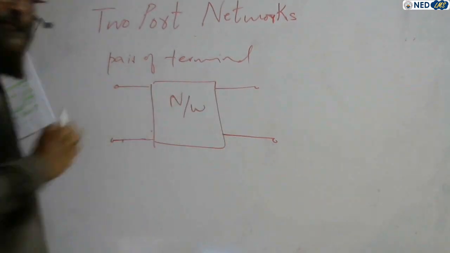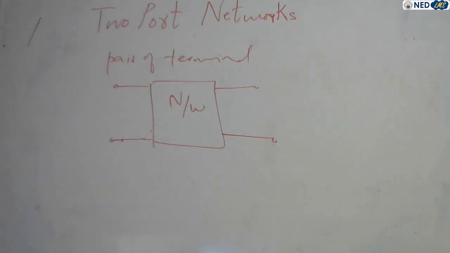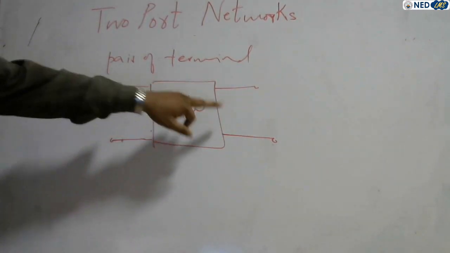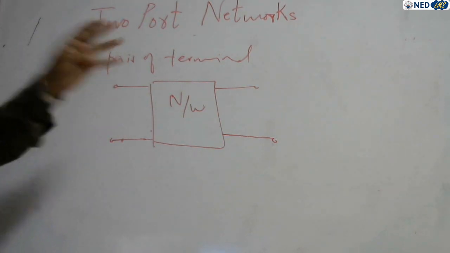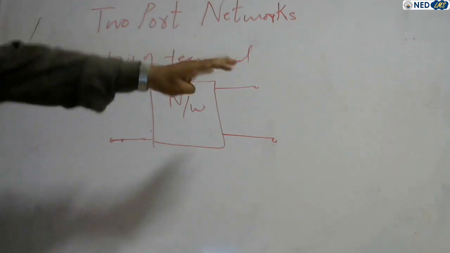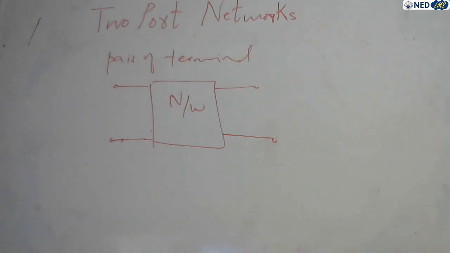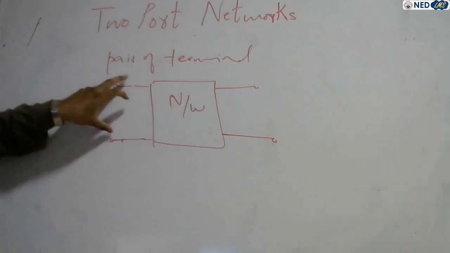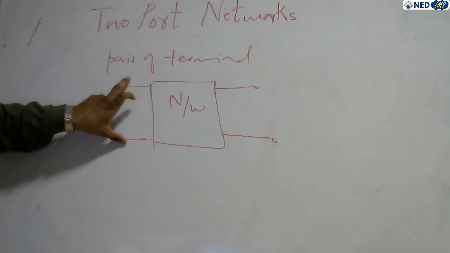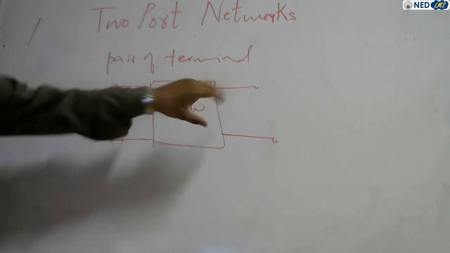Incoming, outgoing. You can take the example of a transformer, primary side, secondary side. Take the example of a transistor, transistor input and transistor output, or an op amp, or any other device, that is multi ports. Basically, this is a two port network: incoming, outgoing, input current, output current, input voltage, output voltage.